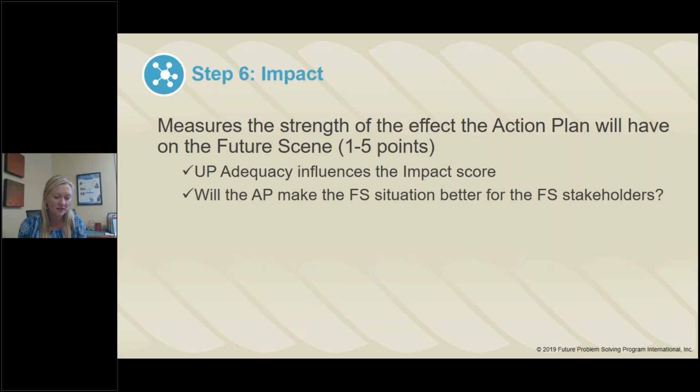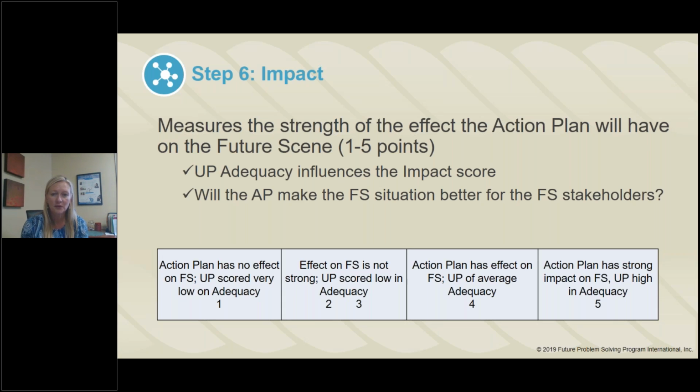And it determines that the action plan will make the future scene better for the stakeholders that were mentioned in that action plan. So if you scored very high in step 2, you're going to score very high on impact based on that adequacy score. So this is a reference back to step 2, a little different here.